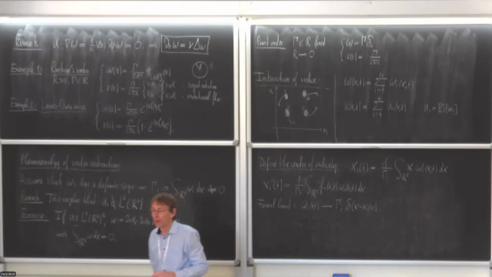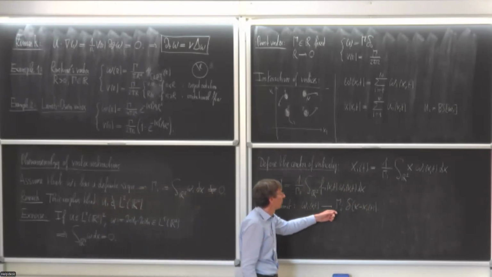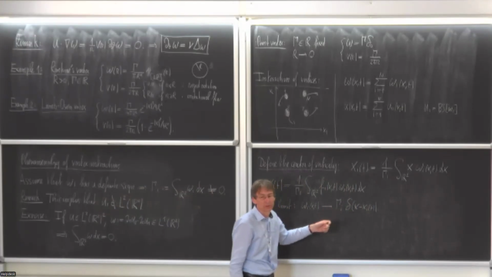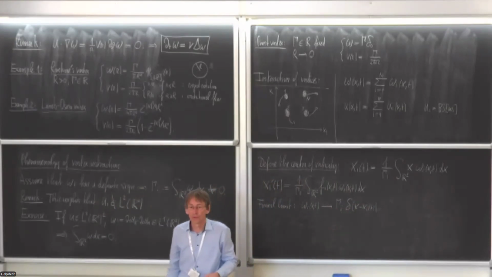I take the limit where they are so concentrated that for all practical purposes, I can consider them as Dirac masses of intensity gamma i, centered at the point xi(t).